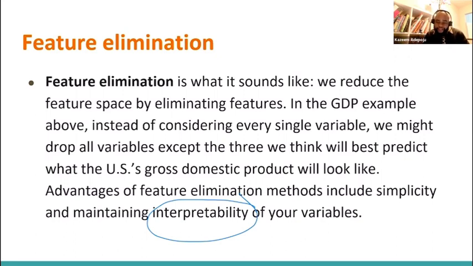If you are pursuing an explanatory goal or a causal goal, you don't need so many variables. Because if you consider so many variables in your model, your interpretation will be lost.